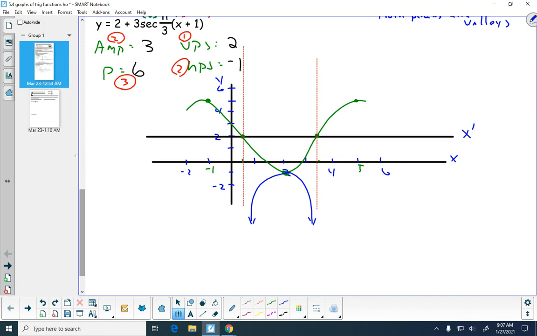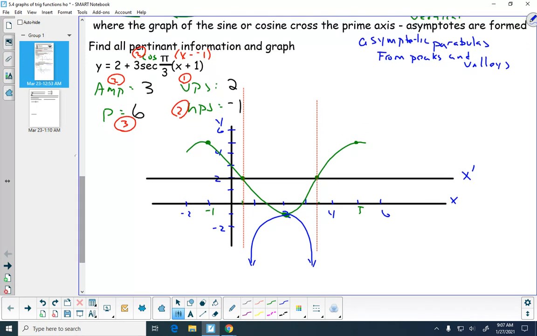And what we could do with the cosine here, we can do one of two things. If you remember, we could do two half ones. Or if we wanted to, I have an asymptote at 0.5, then 3.5.